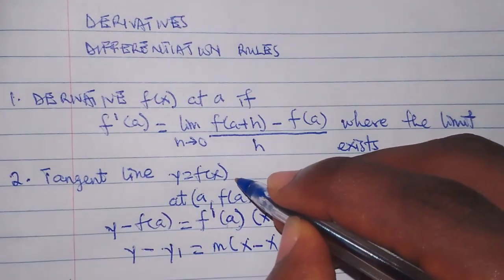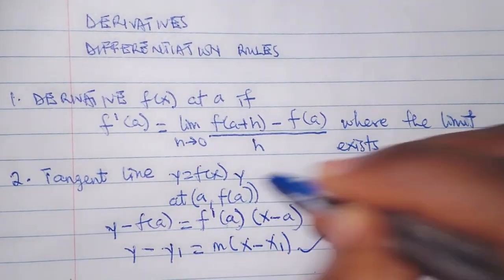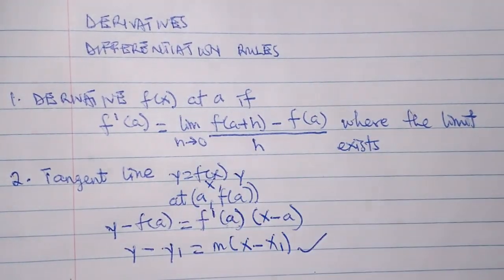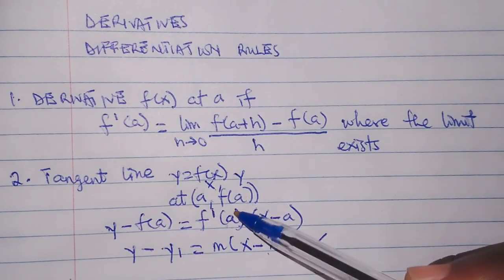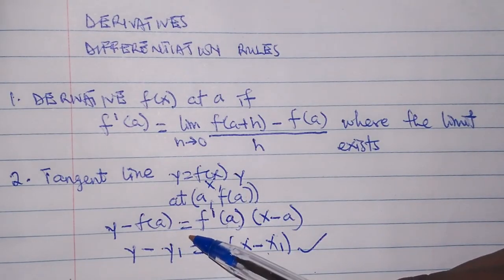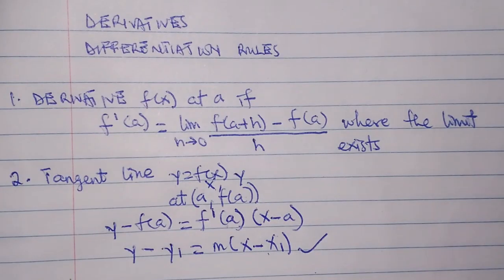This is your y component and this is your x component. So your x component drops here, your y component drops here, only if you are given the point and the derivative.